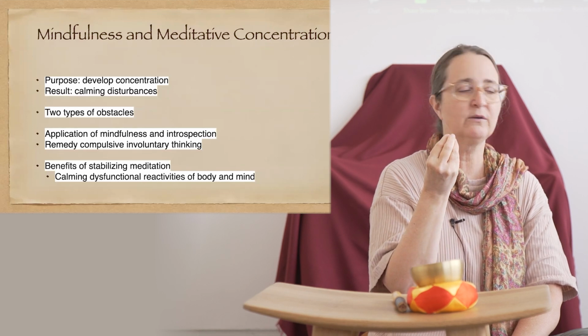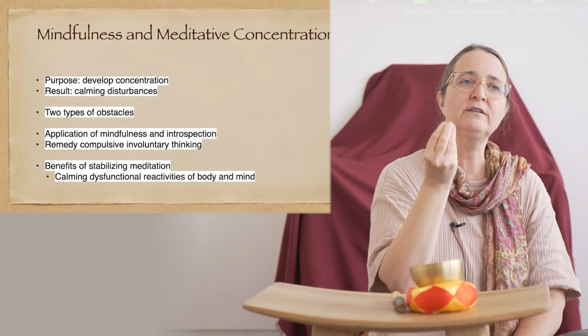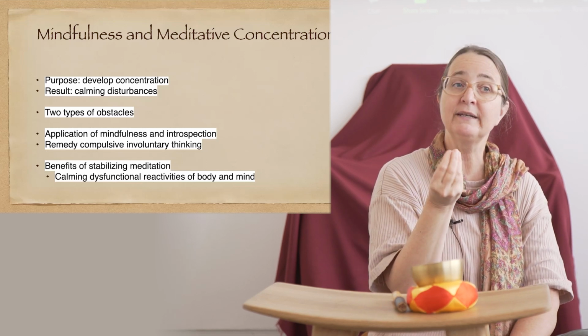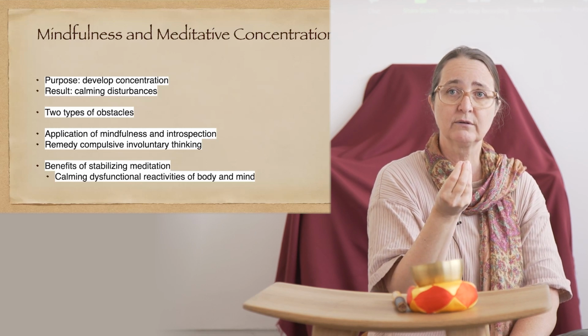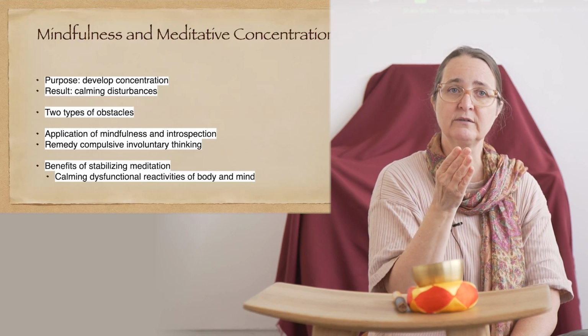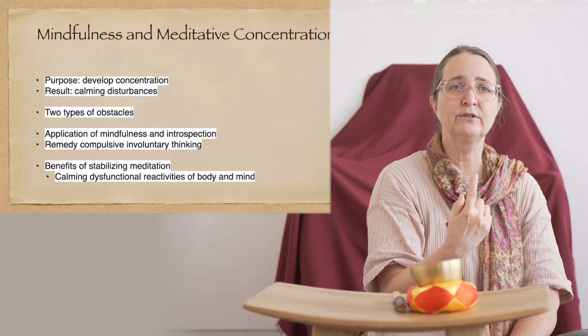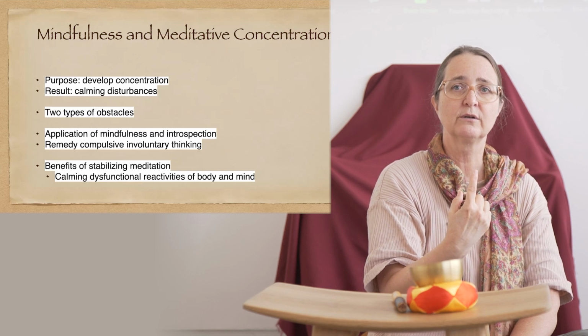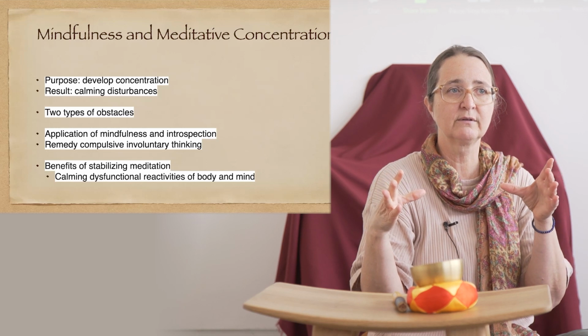And then we're going to do this in the context of training on meditative stabilization or concentration. So it's focusing the mind slightly differently. You know what the object is. It's not going to change for the entire length of the session.